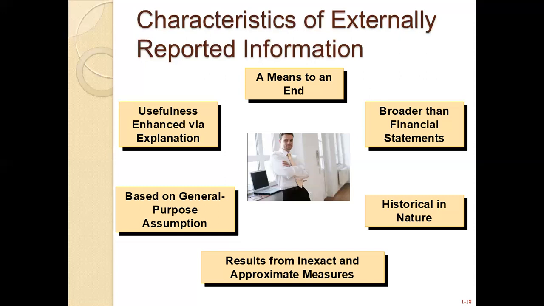Okay, it is a historical report that you make. And it results from inexact and approximate measures. Results are mostly inexact, and some terms like depreciation will be used. It is something related to approximation.